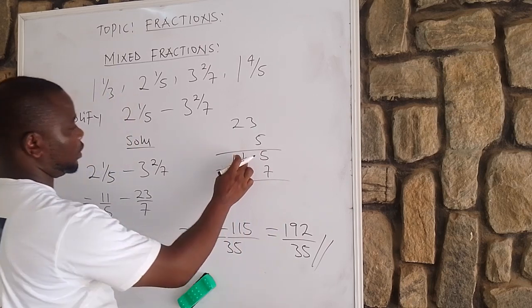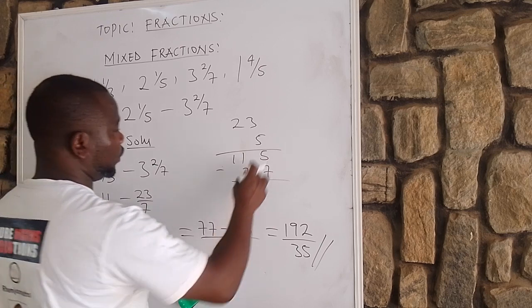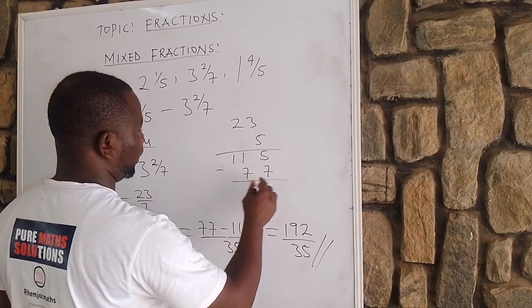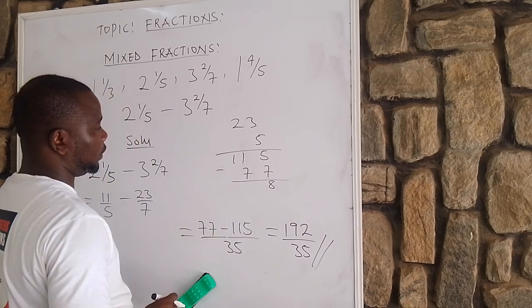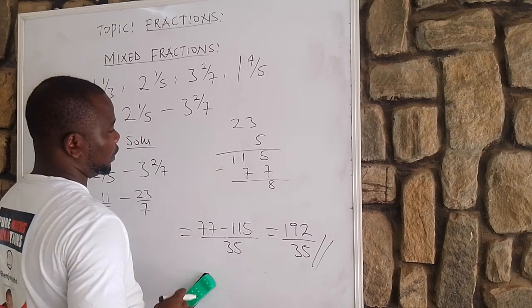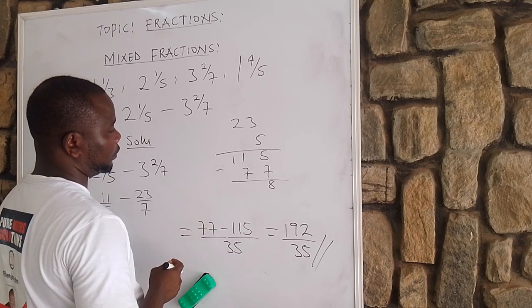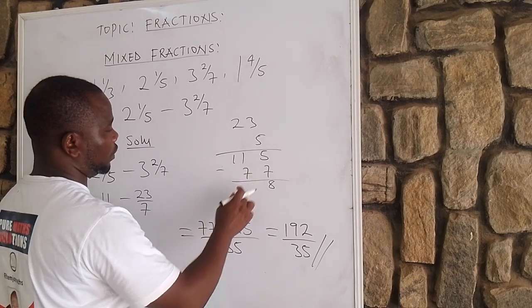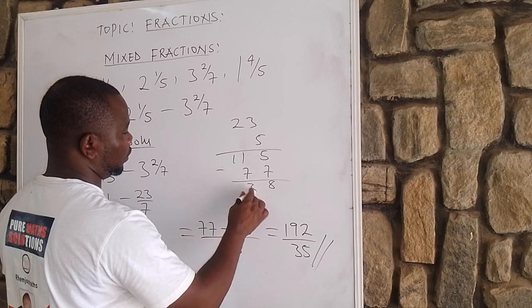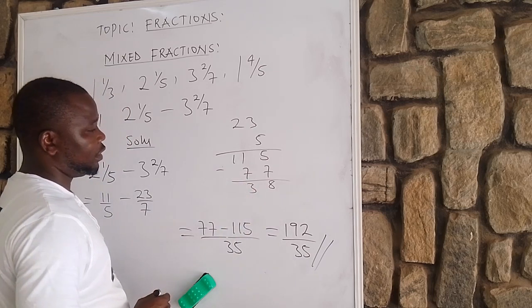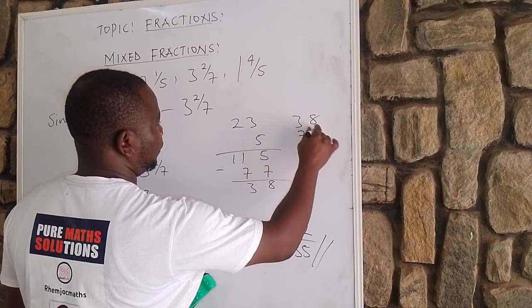We borrow 1 from here. 10 plus 5, 15, isn't it? So here we're going to give us what? 8. Here is 0, right? Borrow 1. This is 10. 10 plus 10 minus 7 is going to give you what? 3, isn't it? So it means 38 plus 77.